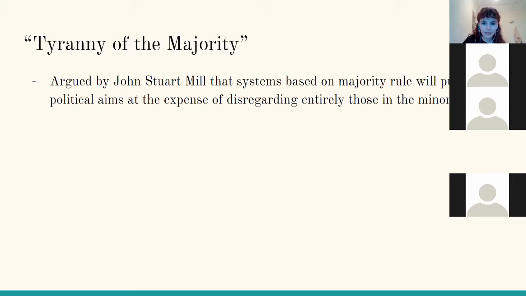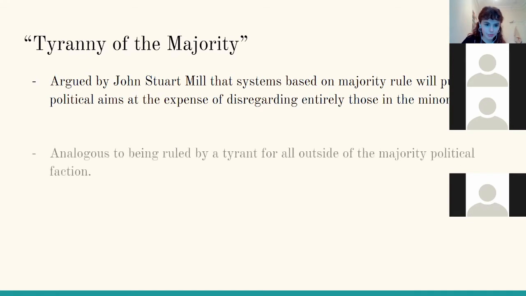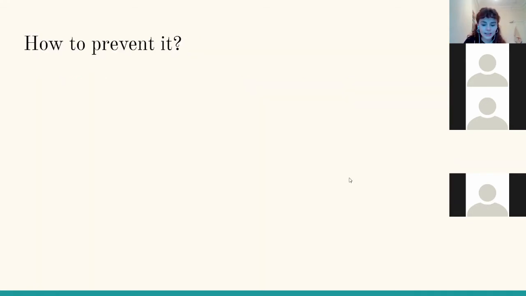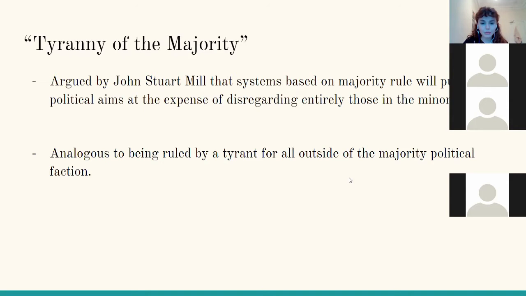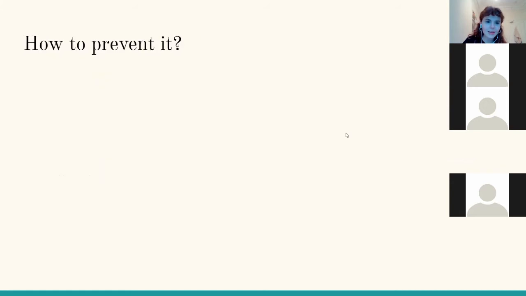This could be political minorities, or another type of minority like a geographic minority. And this is analogous to being ruled by a tyrant, because they basically have no say in anything that happens in politics anymore unless they can tip the threshold of becoming a larger group. How do you prevent tyranny of the majority?